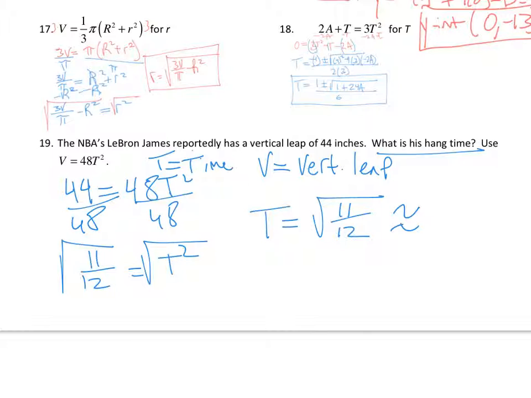Directions didn't say this is an application problem, so it'd be safe to get this in decimal form. I think it's safe to say that he doesn't care that he can have a square root of 11/12 hang time there. But this is 0.957 seconds. So he's in the air for 0.957 seconds. That's it. All right. So there you have it.